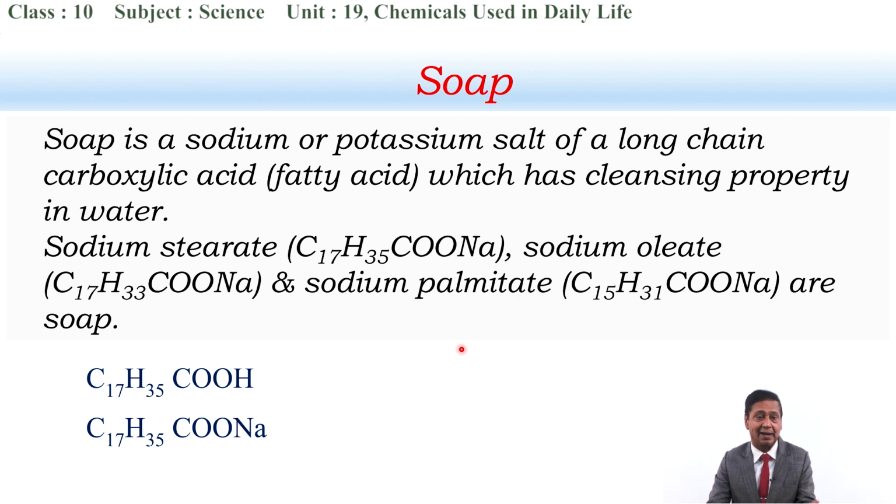That's why soap is sodium or potassium salt, but we are not taking an example of potassium because potassium is normally not in use. Different industries give different flavors to them and name them differently. Okay, this is all about soap.